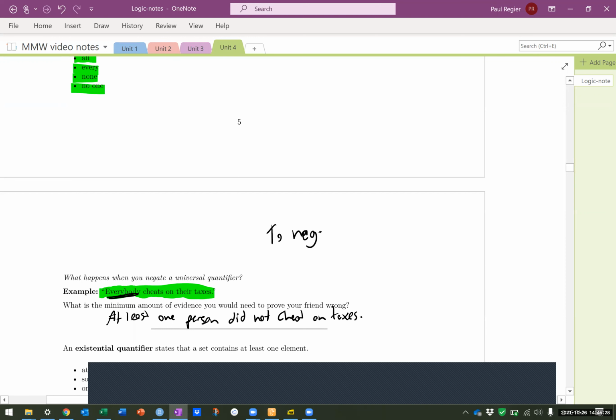So to negate all x, p of x, one way to think of it is that all you need to show is there exists one x such that not p of x. That's the formal structure if you like thinking about it that way.